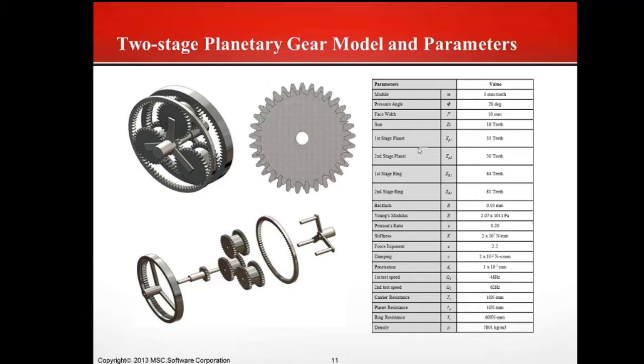This sun gear has 18 teeth, 33 teeth on the first stage planet, 30 teeth on the second stage planet, and the first stage ring has 84 and the second stage 81 teeth. And this is an example of the damage.